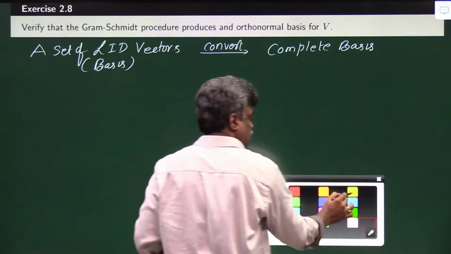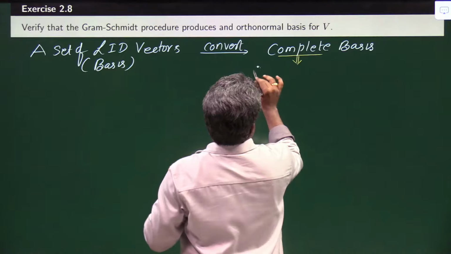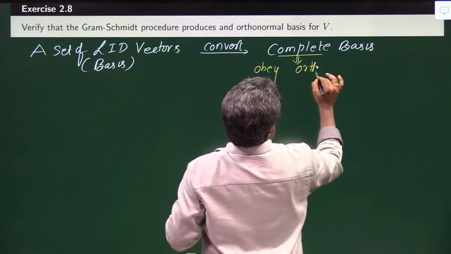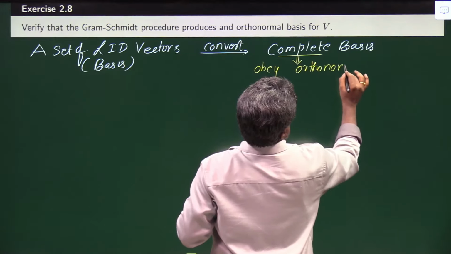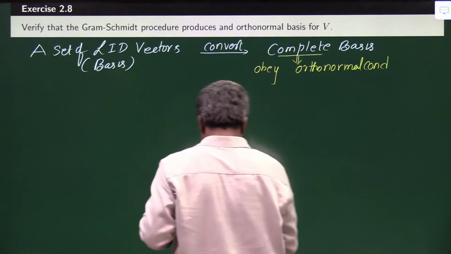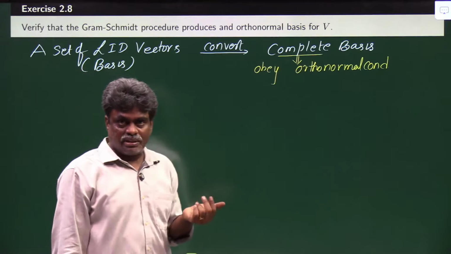So here the complete basis means they obey or satisfy the orthonormal condition. That means these basis states need not satisfy this condition.